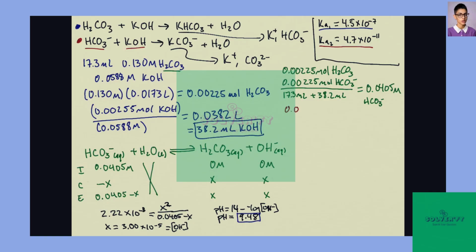So 0.00225 moles of KOH over our molarity of KOH, which is 0.0558, and we get the same amount as we did last time.